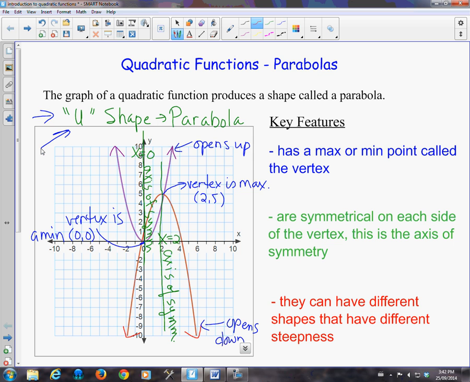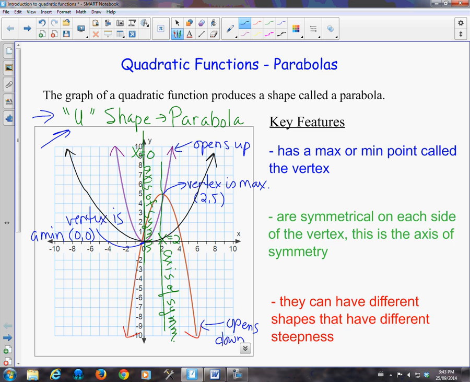In addition, parabolas can have different shapes that have different steepness. Both these shapes look like they're about the same steepness. But if I drew a parabola like that, it's still a U shape, but it's much, much wider. So it's not as steep.